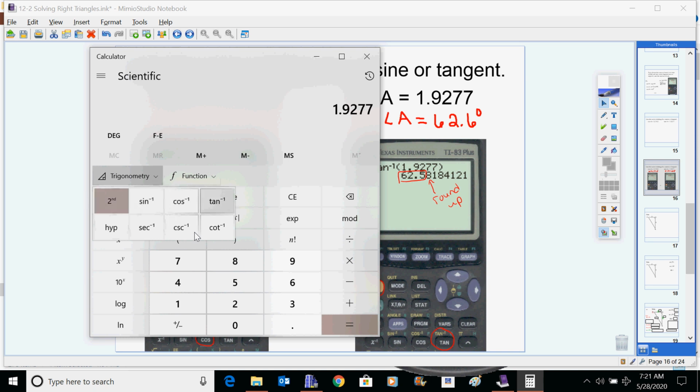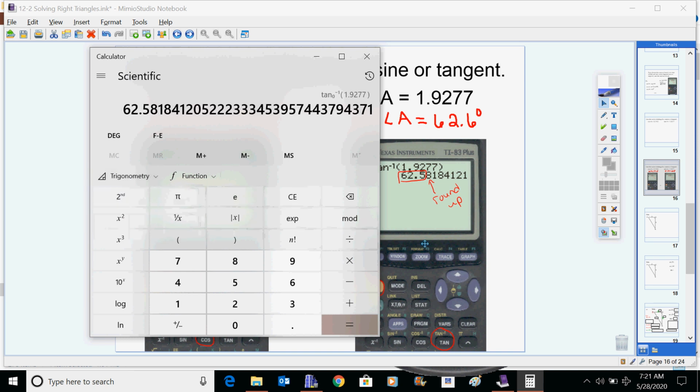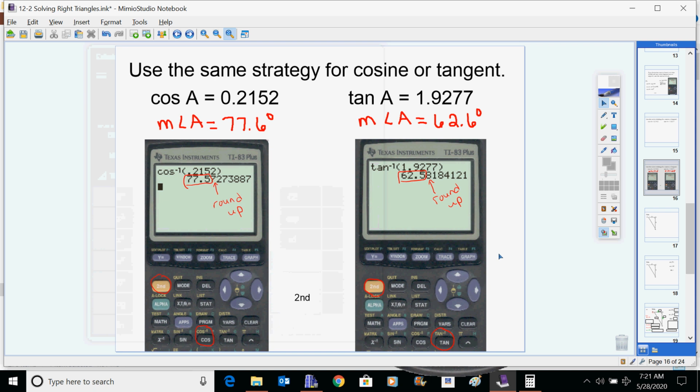Second tangent, notice it has the tan with the little -1. That's the inverse. 62.58 gives a lot more digits in this one. Actually, it's not going to make any difference to us, but 62.6 for your answer on that one.